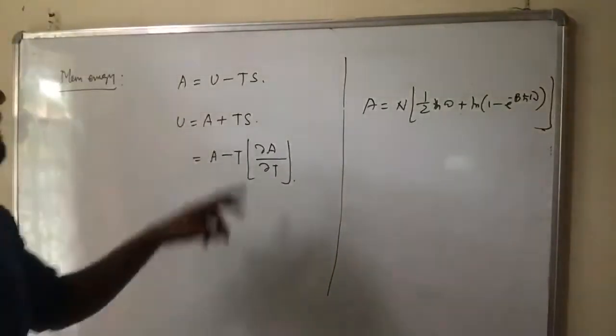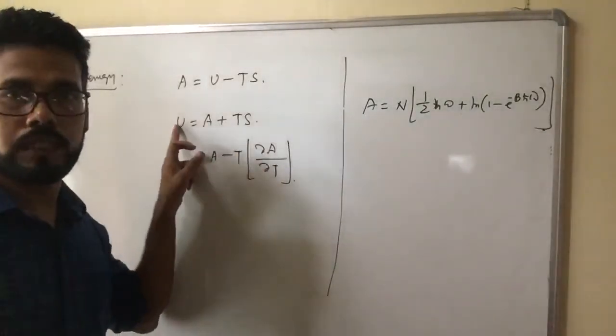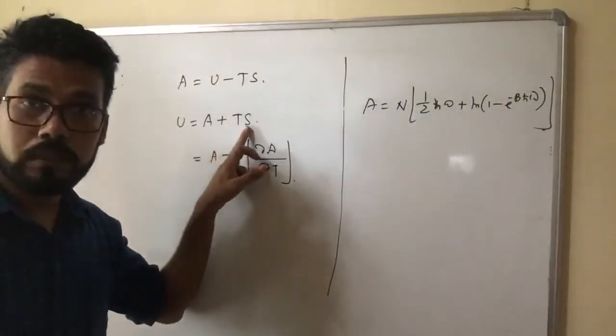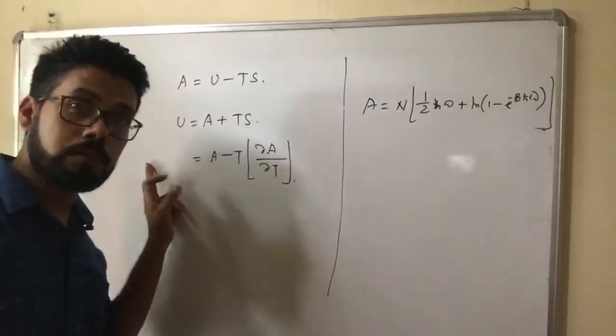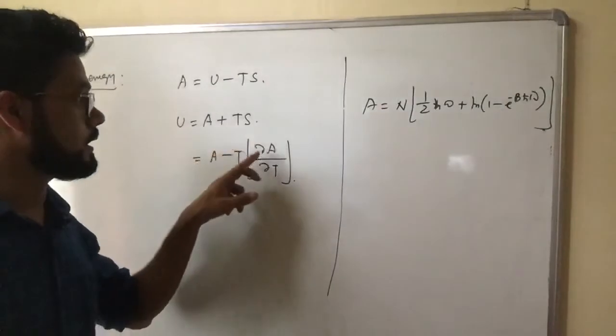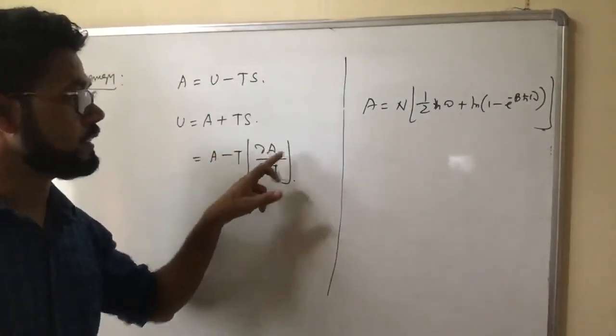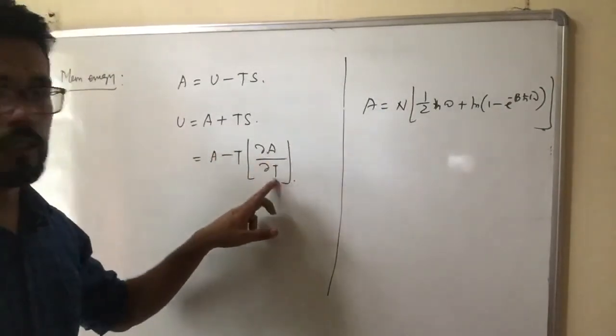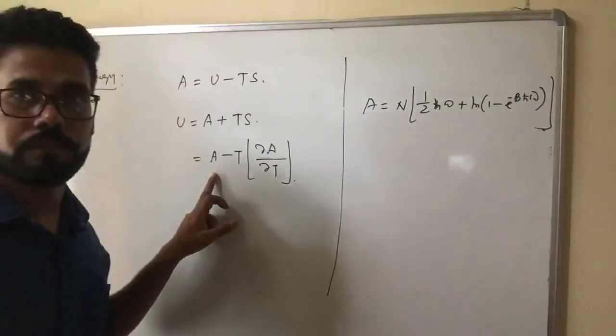Then calculating entropy first and the mean energy afterwards is a long procedure. To save time, you transform entropy into mean energy, calculate dA by dT, and put this value here.